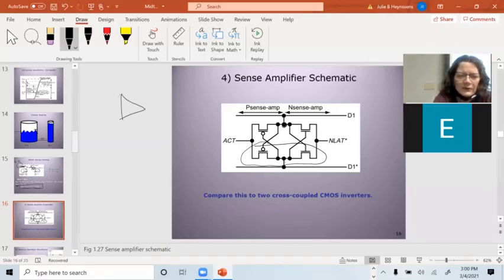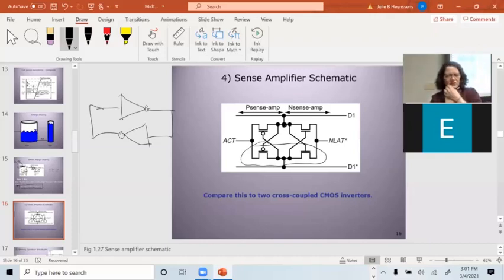The output of that inverter goes into the input of the other inverter. It's a latch. And then the output of that goes back into the input right there. It basically stores the value that's on there.